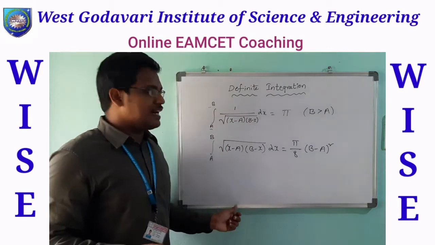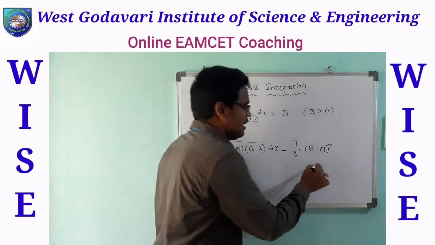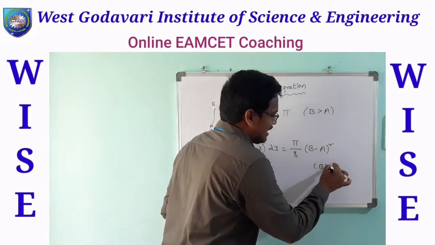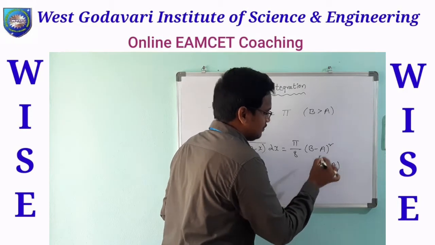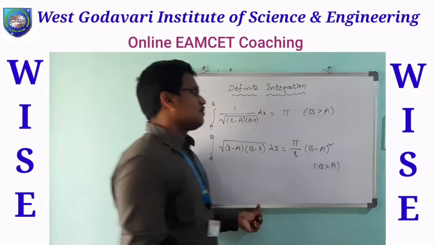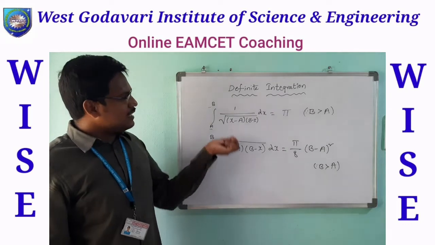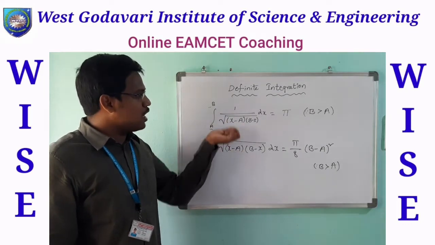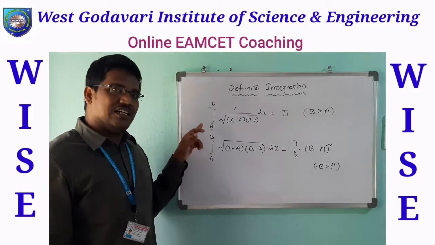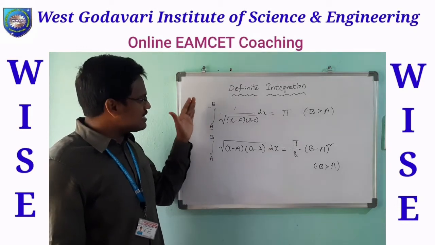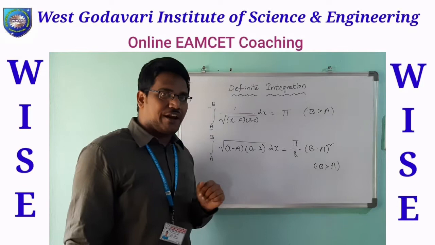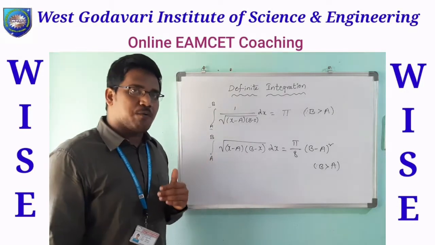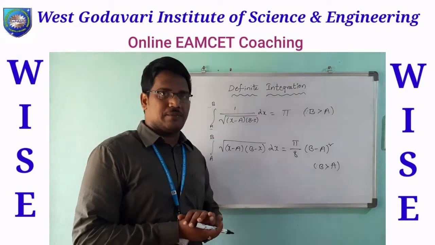Here also the result is applicable whenever the b value is greater than a. So these are the two different forms to solve the definite integrals, where integral a to b is the definite integral form. Now let us see some problems regarding this concept.